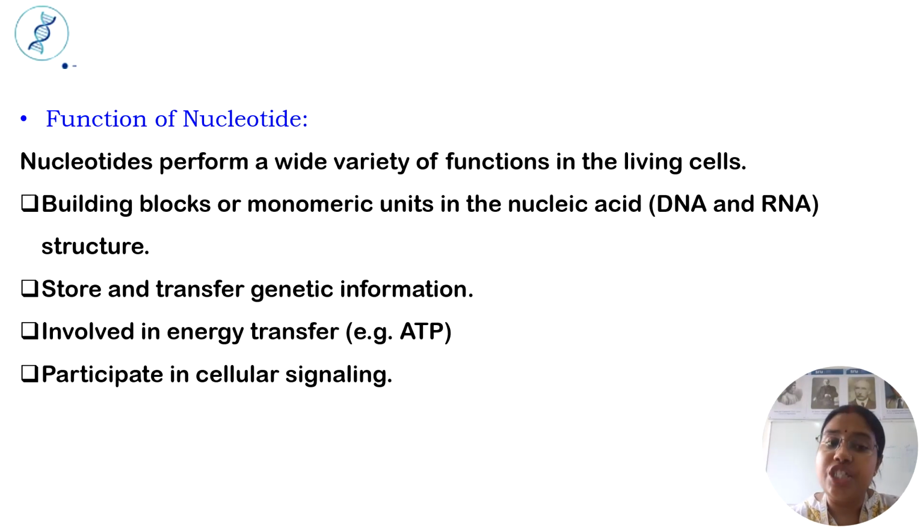Then what is the function of the nucleotide? It is the building block, the monomeric unit of the nucleic acids, stores and transfers genetic information, is involved in energy transfer, and participates in cellular signaling also.